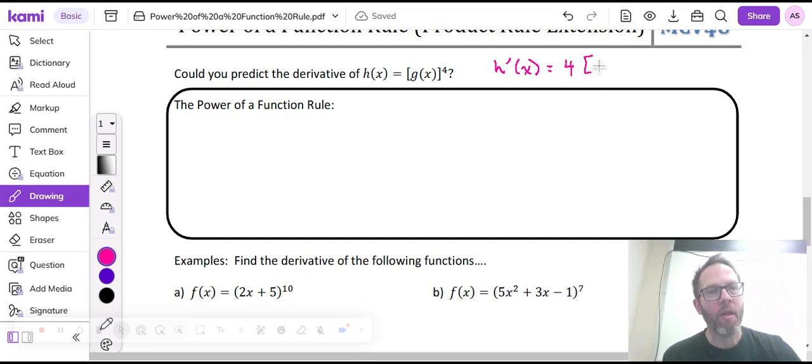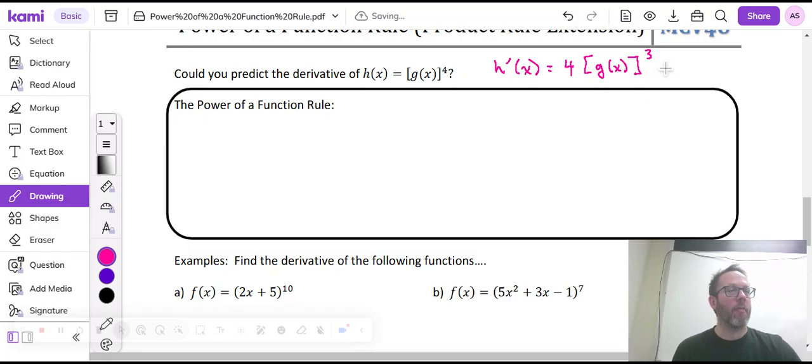You're exactly right. Bring down the 4, leave the g, take 1 off the exponent, which is fantastic because you guys are already used to doing this rule basically. It's just when it's the power of a function, we have this additional multiply by the derivative of that inner function. So let's generalize what we've done here.